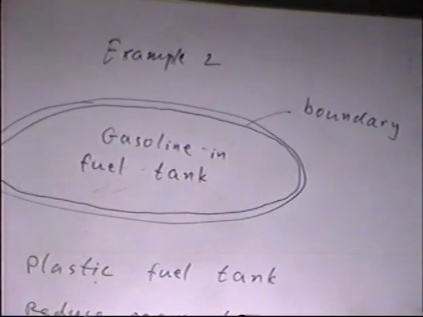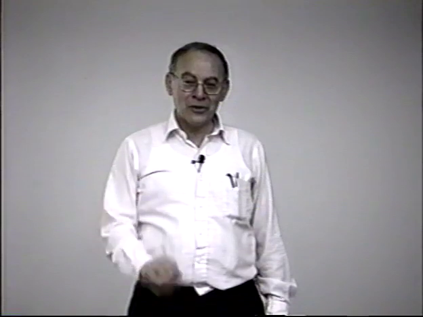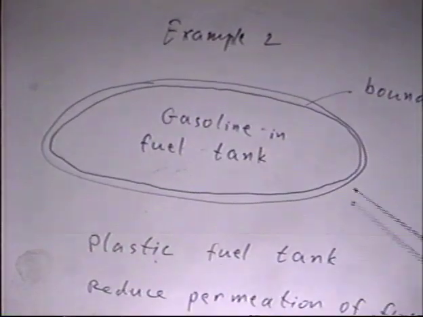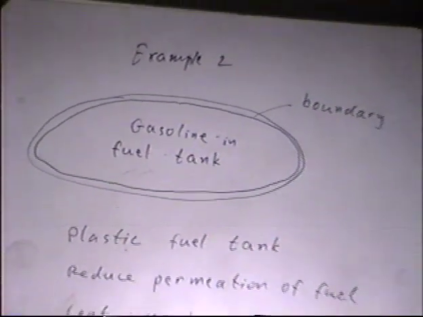And there is a government regulation that says that when the car is in a resting position, parked in your garage overnight, it's not allowed to leak more than a certain number of milligrams of fuel per 12 hours. There are all kinds of regulations. Therefore, a plastic tank is not very good because fuel does permeate through it. A larger proportion is allowed.